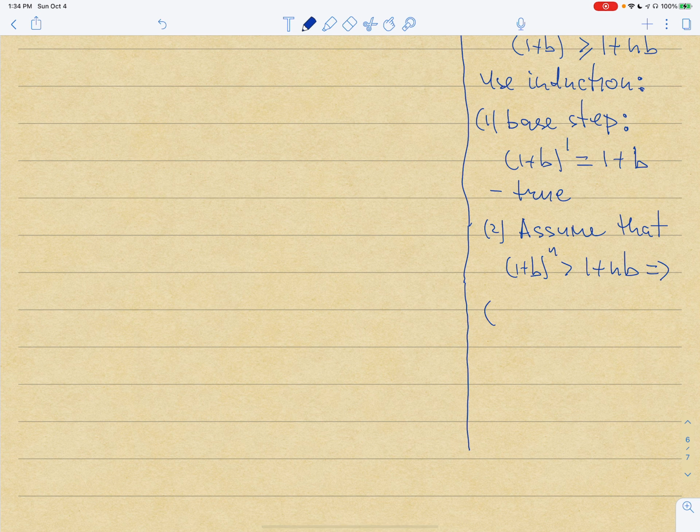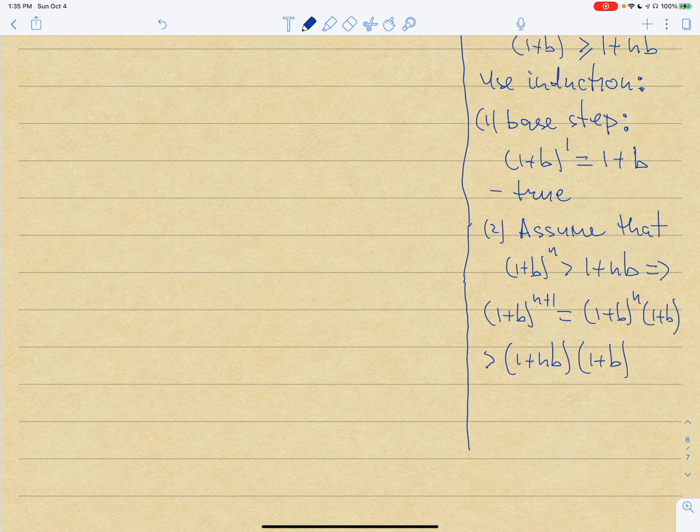So now what is (1 + b)^(n+1), right? That's (1 + b)^n times (1 + b). According to the induction hypothesis, this is bigger than (1 + nb) times (1 + b), right?